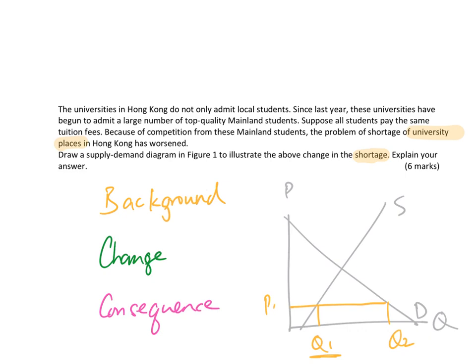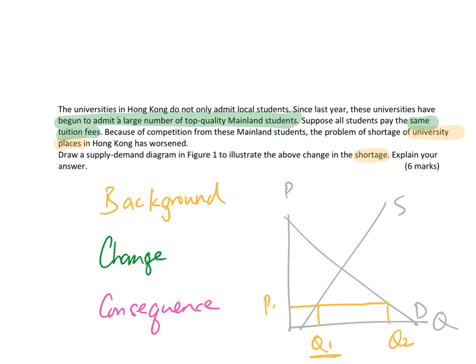Okay. Then second, let's find the changes. The question tells us that the university begins to admit a large number of mainland students. So here there is something that changes. Also, it says that the students pay the same tuition fees. So that means there are two different things.